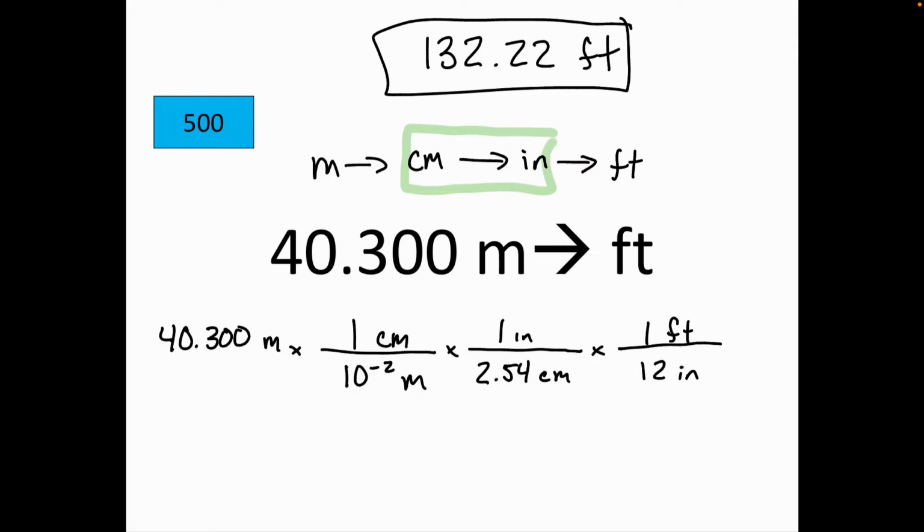All right, so that's my path to get from meters to centimeters to inches and finally to feet. Punch it into my calculator, 132.2178. My units would be feet, and then I'm going to round my answer to 5 sig figs. So mark that place there. That's how I get my 132.22 feet.